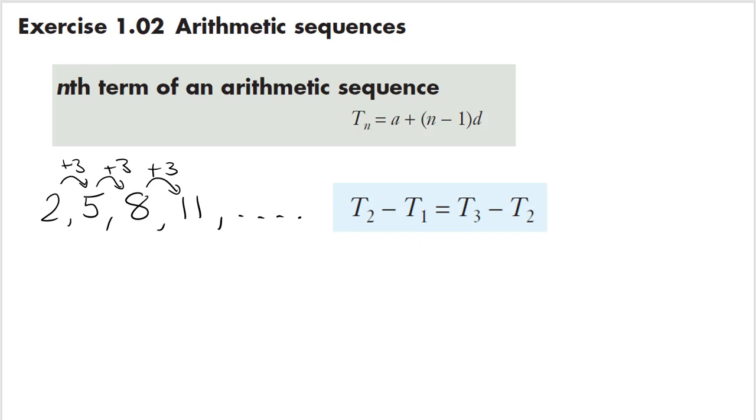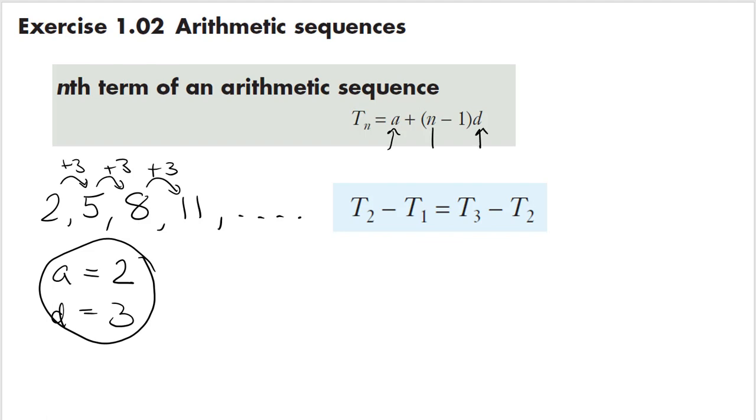So for a sequence like this, we would get a first term of 2 and a common difference of 3, and we can use those two properties to work out any future term in the series using this formula for the nth term, which is just substituting the first term, the common difference, and whichever term it is that we'd like to get.